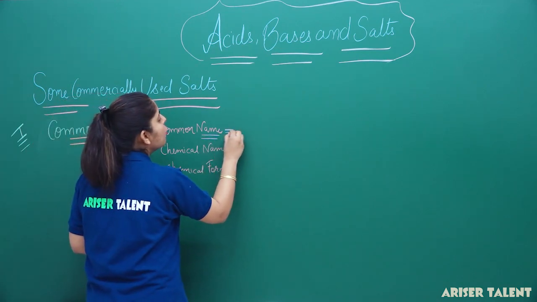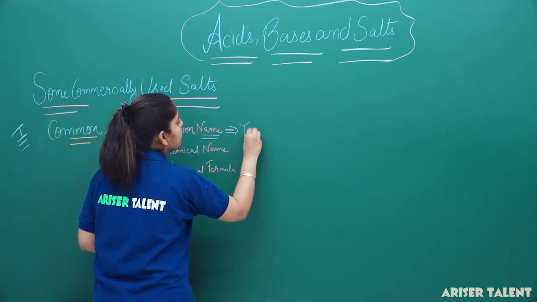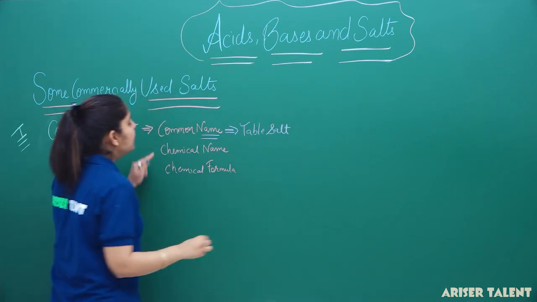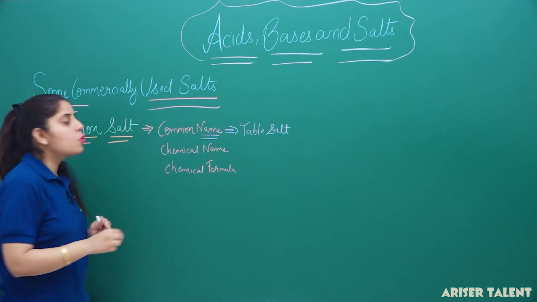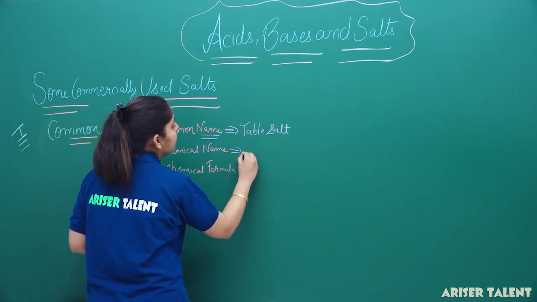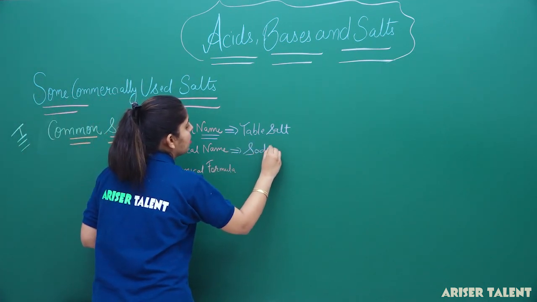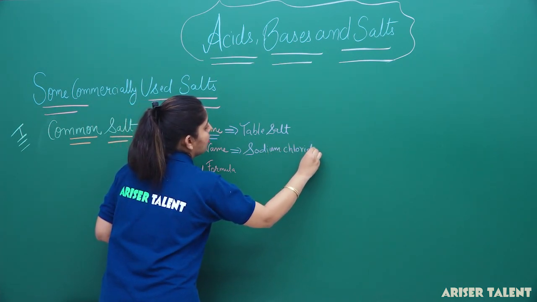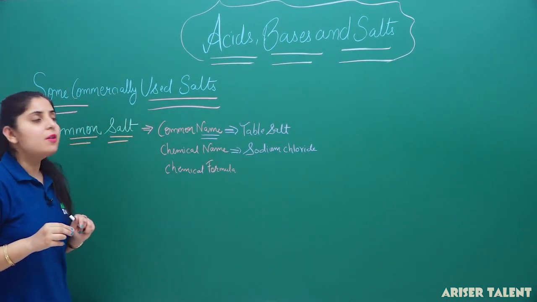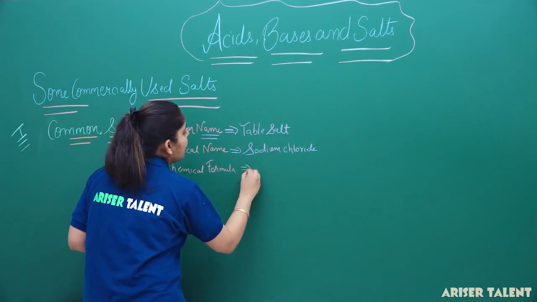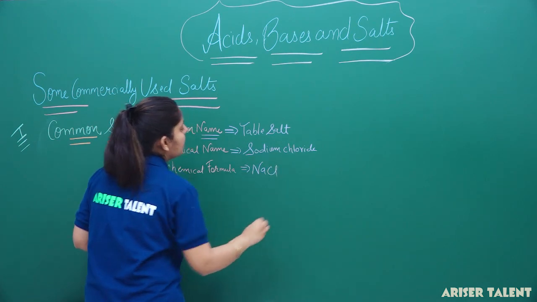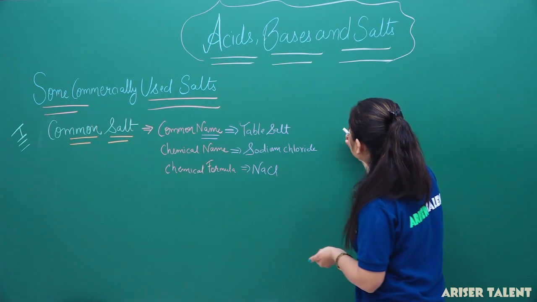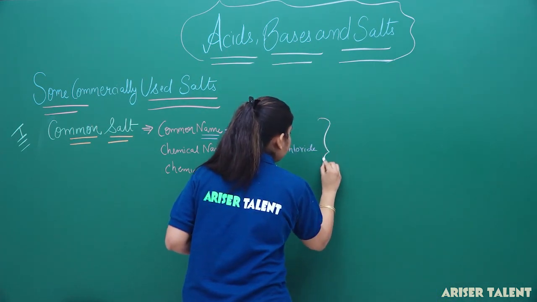The common name of the common salt will be table salt. Secondly, the chemical name for this common salt will be sodium chloride. And thirdly, the chemical formula of the compound will be NaCl. So these are the three major things regarding the common salt description that we have discussed here.